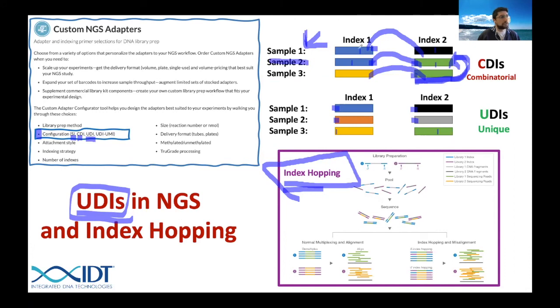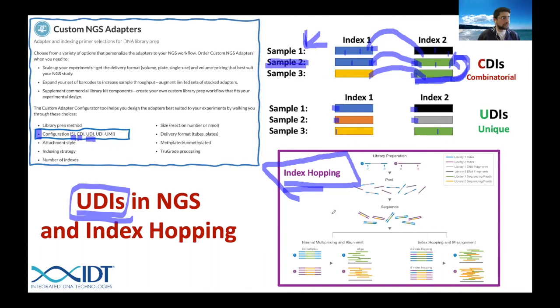So the fragment originally had blue and black. However, with this index hopping problem, the black got swapped with the green, and now the combination that you have is green and blue, which is sample 2.